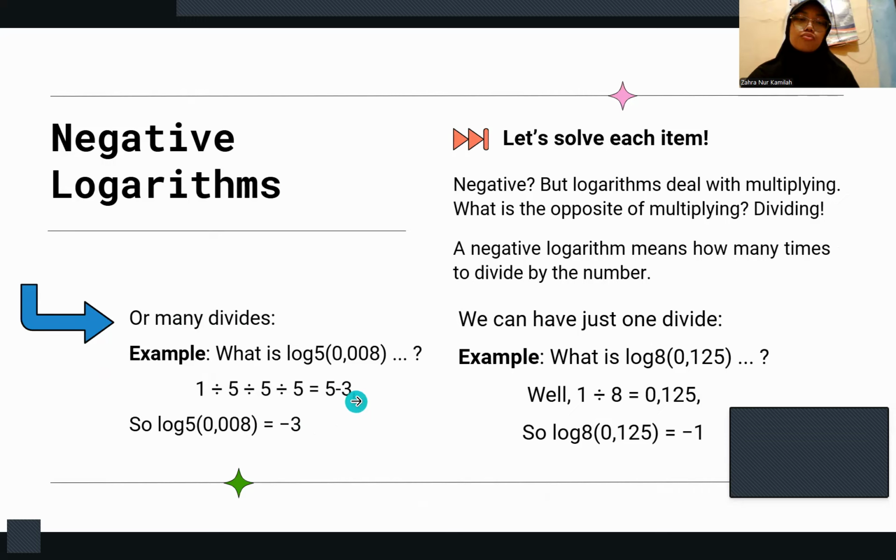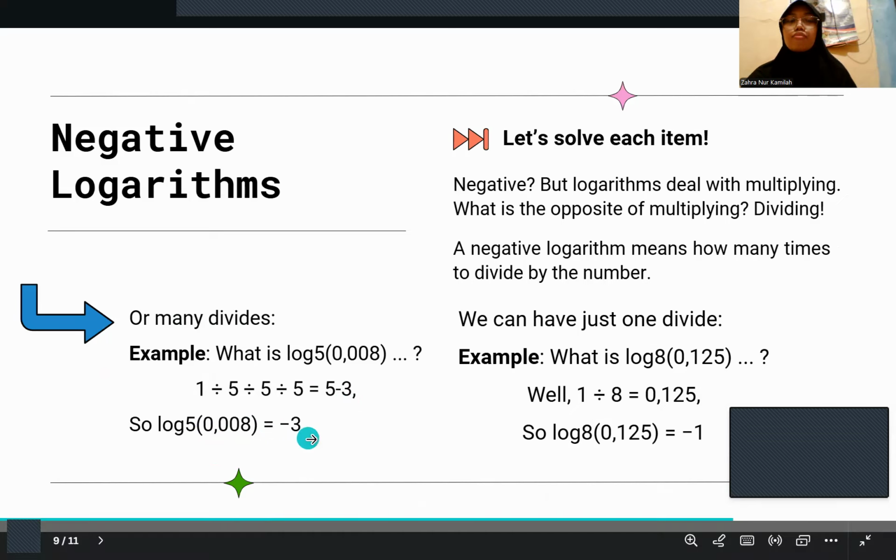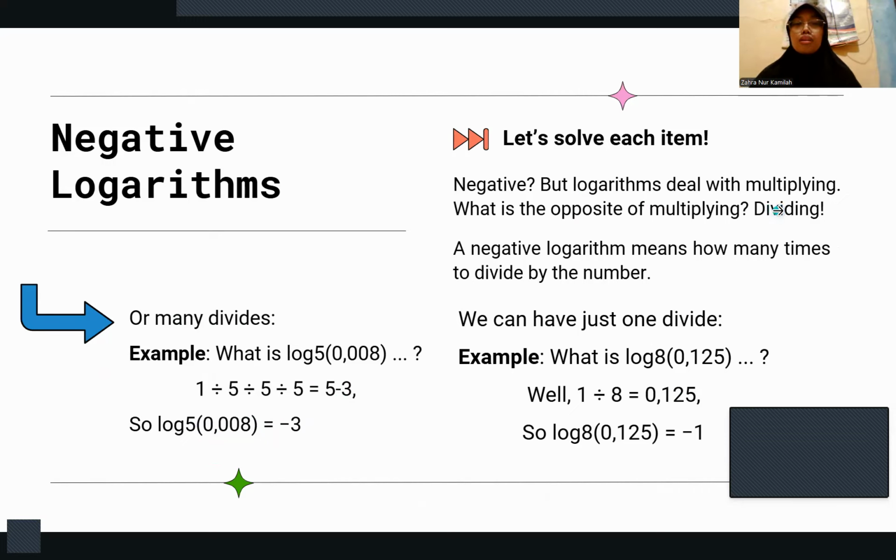So log base 5 of 0.008 equals negative 3. Why negative? Logarithms deal with multiplying. What is the opposite of multiplying? That's dividing. A negative logarithm is how many times to divide by the number. We can have just one divide.